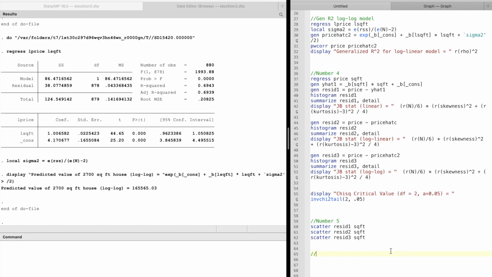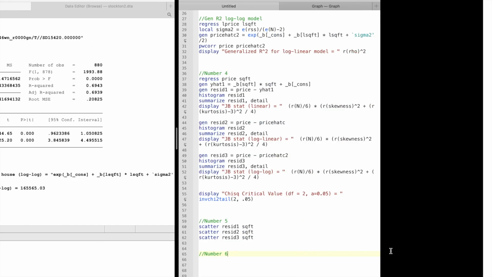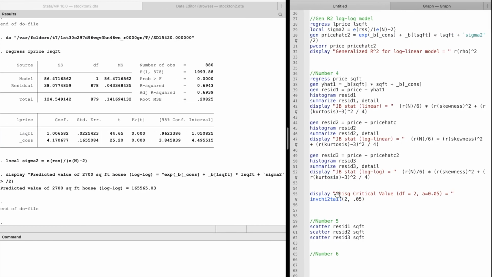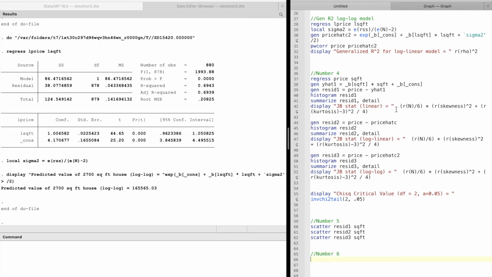Okay, now let's move on to number 6. For number 6, we're doing predictions of a house with 2,700 square feet. We've done predictions already, so we just need to take some code from up here. This is our linear model. I'm going to change this square feet with the value 2,700. Instead of generating a variable, we'll just display this.